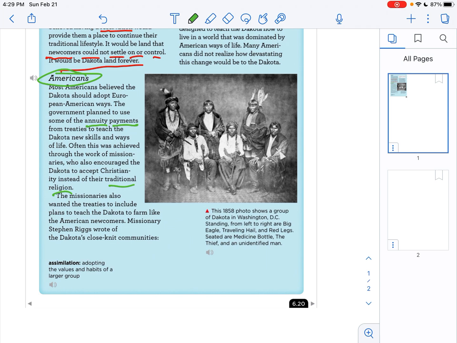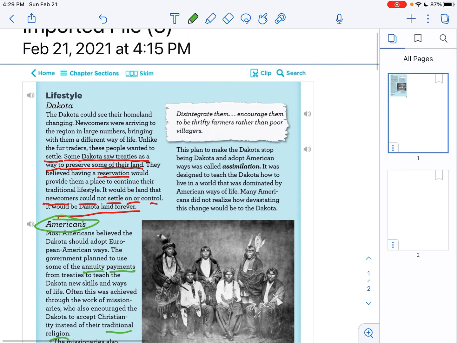So the missionaries also wanted the treaties to include plans to teach the Dakota to farm like the American newcomers. Missionary Stephen Riggs wrote of the Dakota's close-knit communities. This plan to make the Dakota stop being Dakota and adopt American ways was called assimilation. Yeah, that wasn't very nice. It was designed to teach the Dakota how to live in a world that was dominated by American ways of life. Many Americans did not realize how devastating this change would be to the Dakota.